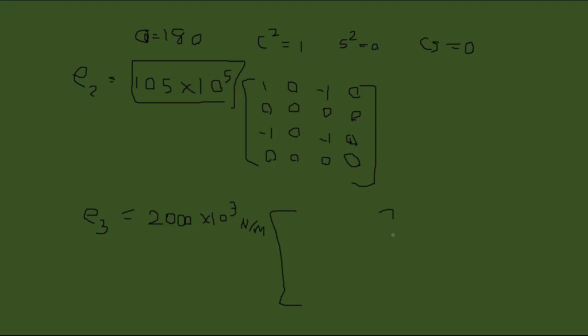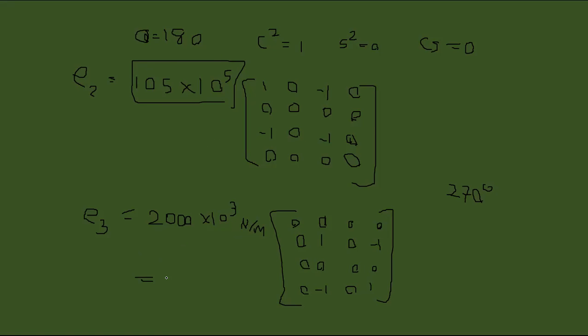And the matrix with the angle would be 0 0 0 1 0 0 0 minus 1, 0 minus 1, 1.